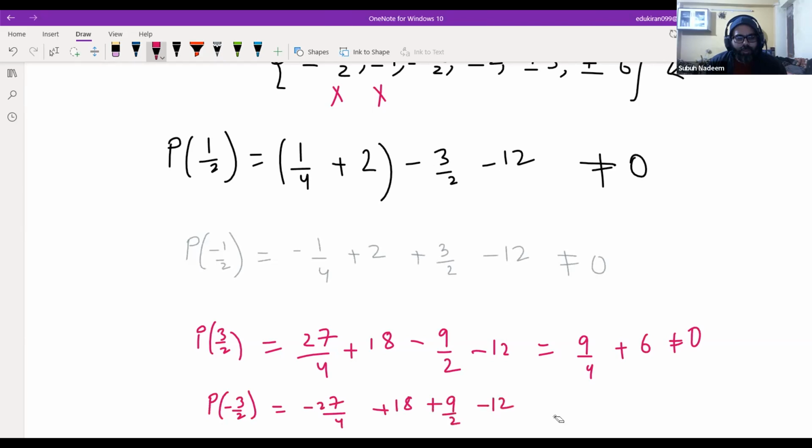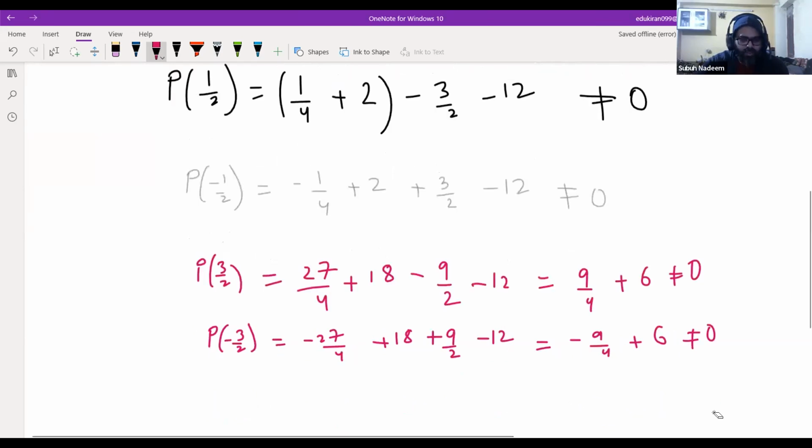So it will become minus 9 by 4 plus 6 minus 9. It is still not equal to 0. So minus 3/2 is also not equal to 0.